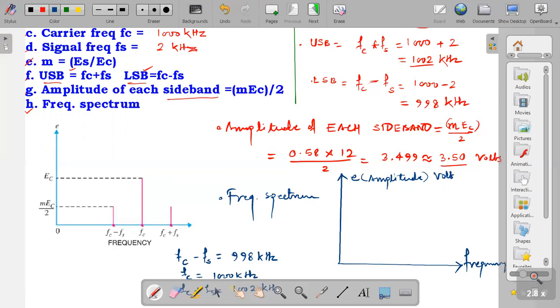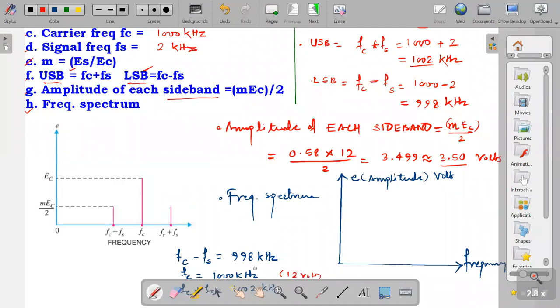I will use red color for the carrier frequency. And dear student, for the carrier frequency, what is the amplitude? At 1000 kilohertz, what is the amplitude? 12 volts.